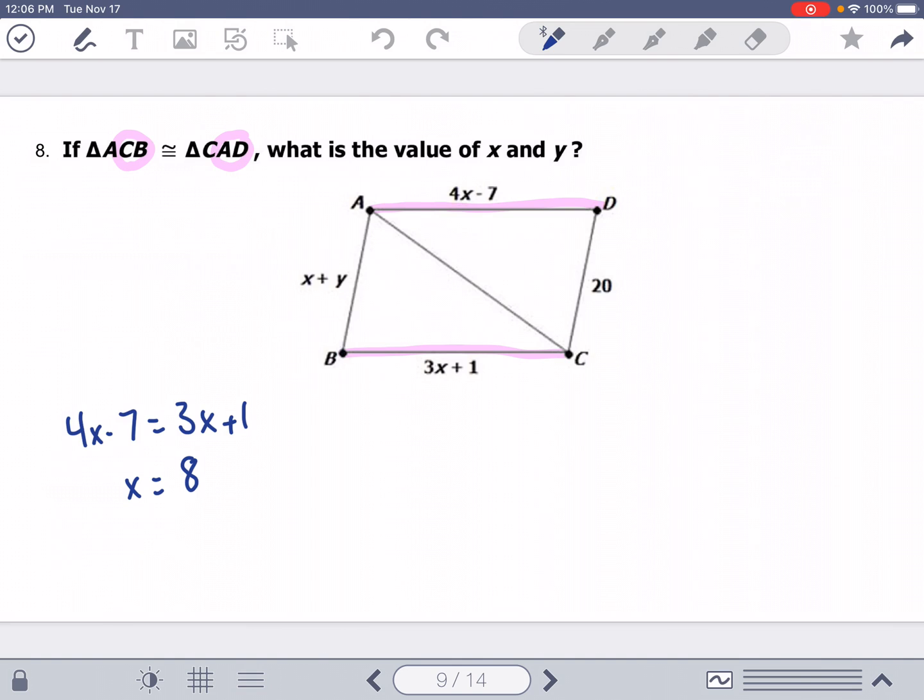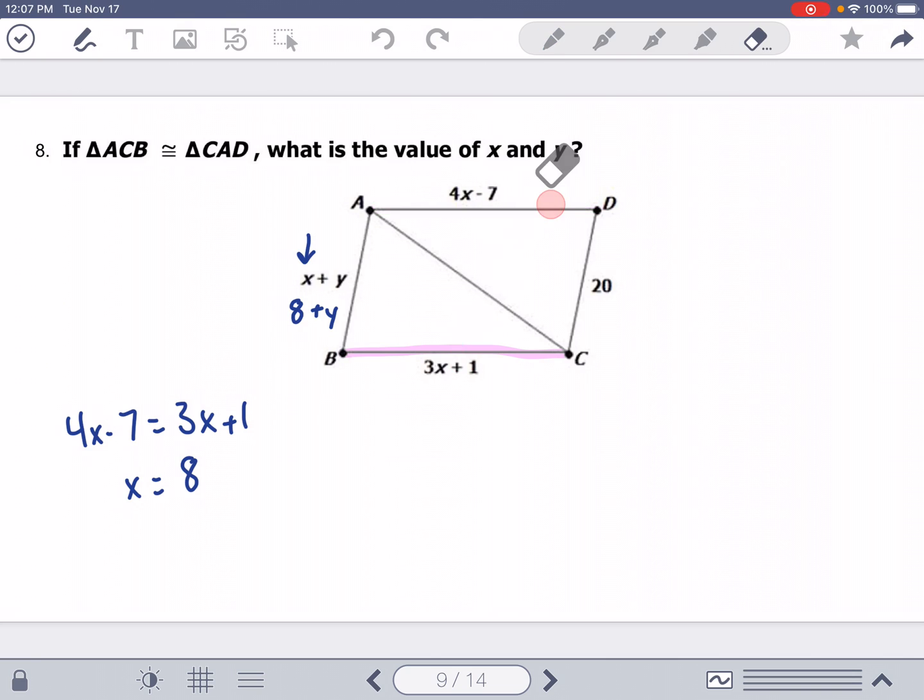Okay, if x is 8, I'm going to have to substitute it in there. That x is by itself, so when I replace it, I'm going to be left with 8 plus y. All right, so the next thing I need to find is the value of y.